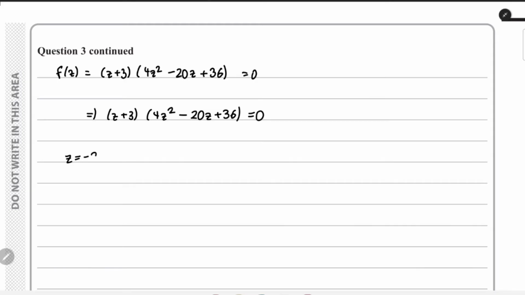So z equals to minus 3 is a root, we know that from beforehand, and for the other roots I'll have z equals to minus b plus or minus root of b square minus 4ac, divided by 2a. We'll use this formula.